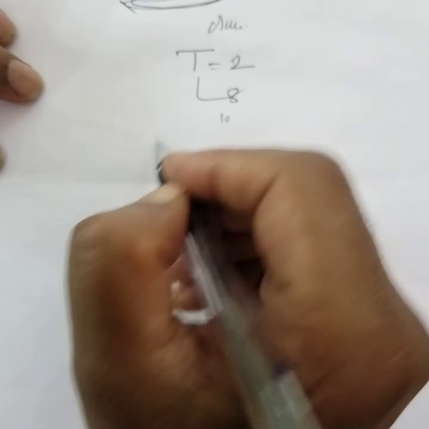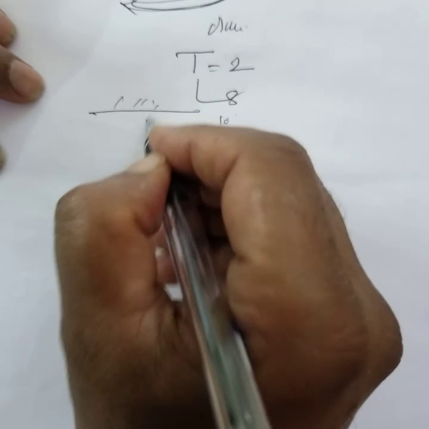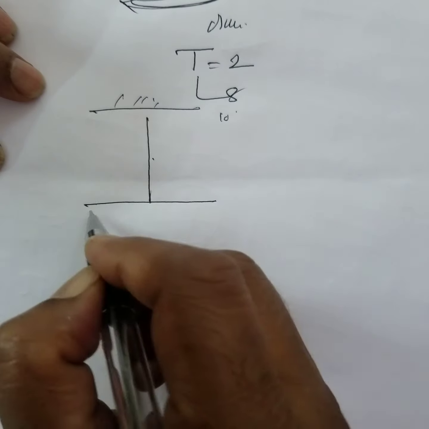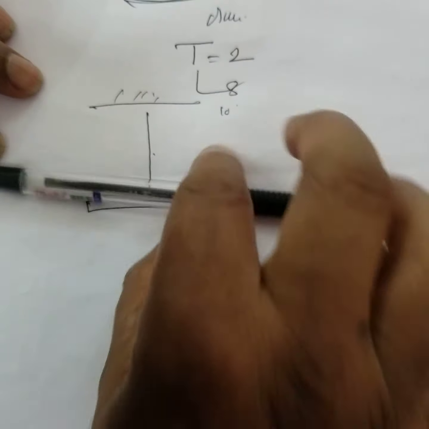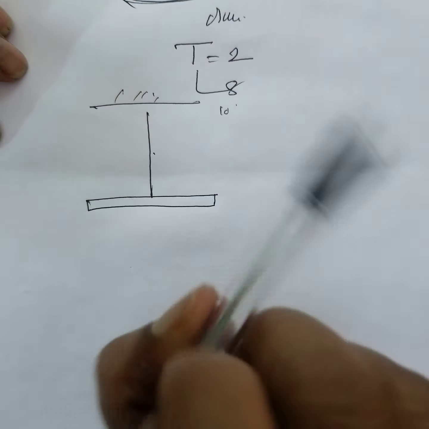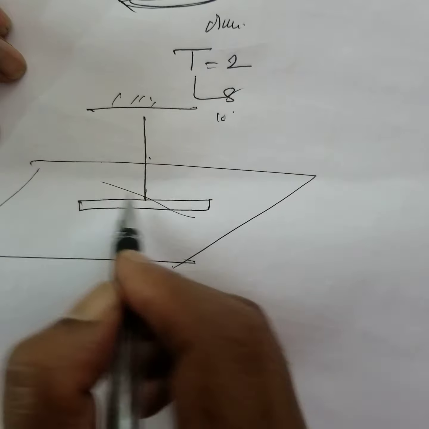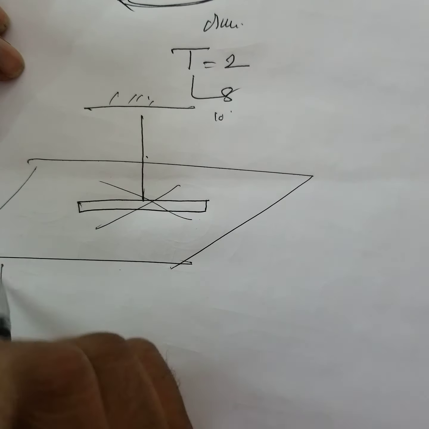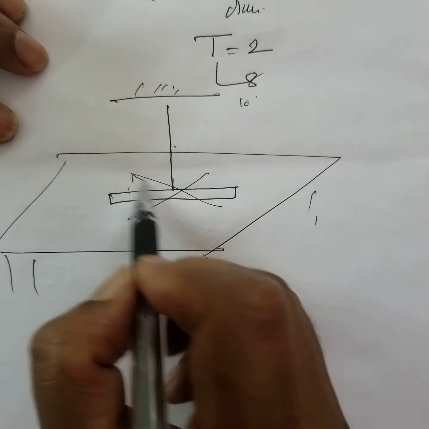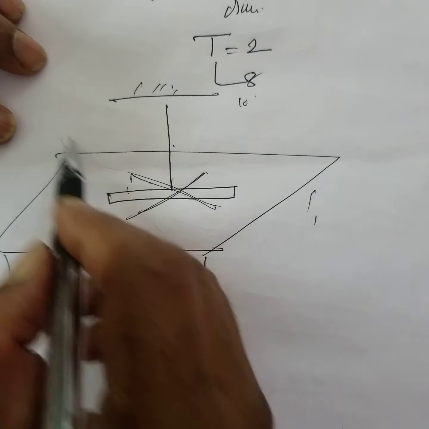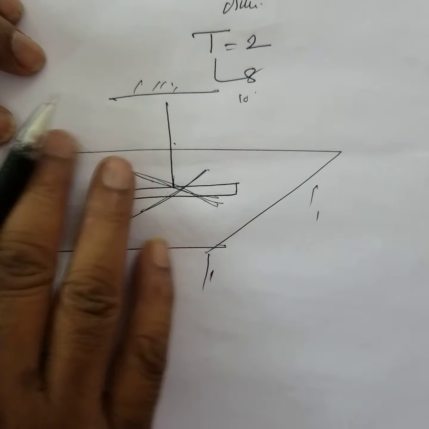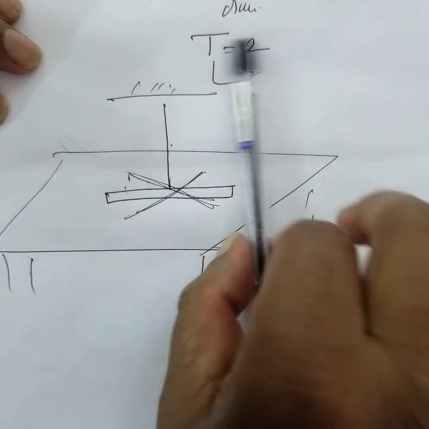This is one aspect. Suppose you have a wire, and a rod is kept here. Then it starts oscillating in the plane of the table, not like this. It is oscillating in the plane.